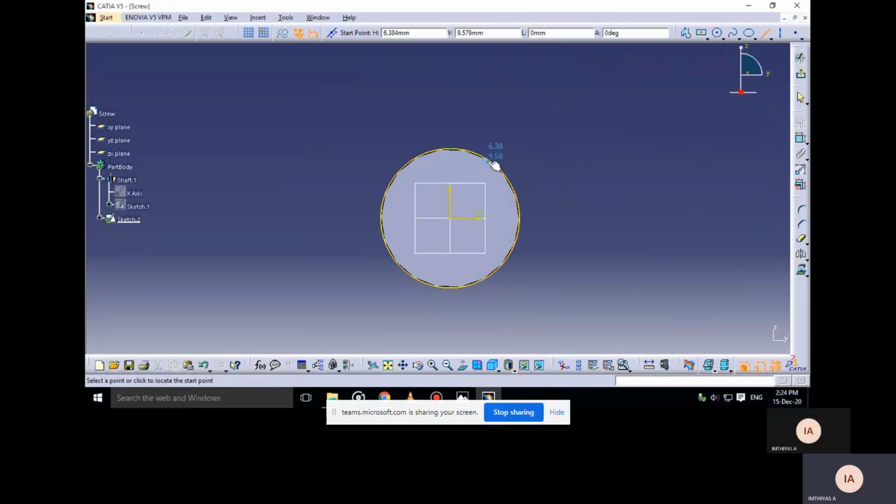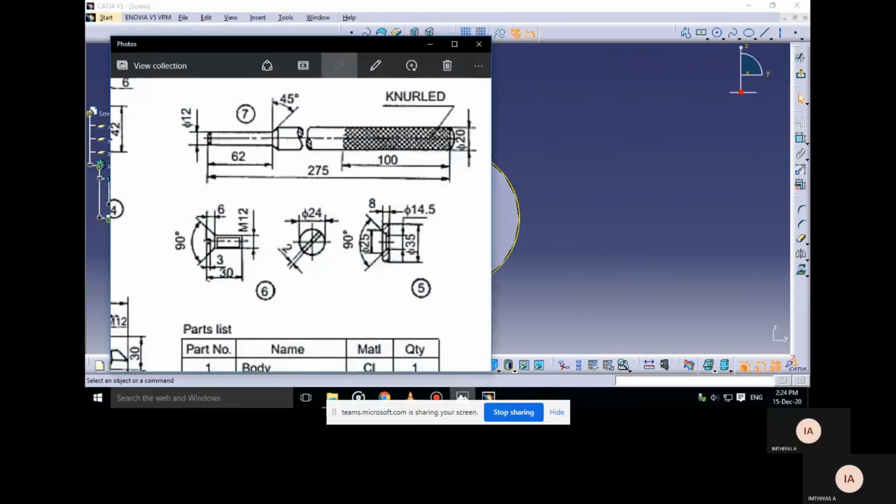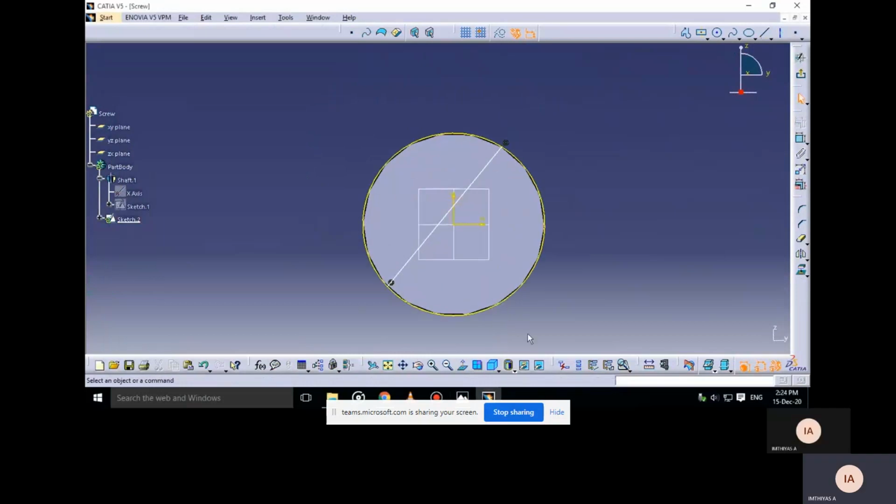We can use the line command to make two parallel lines with a dimension of 2 mm, that means the distance between the two lines is 2 mm.